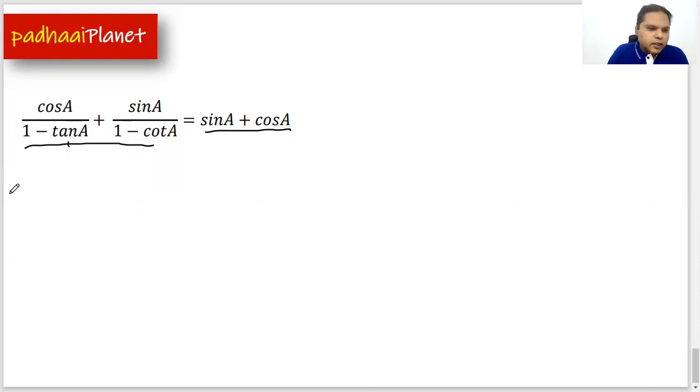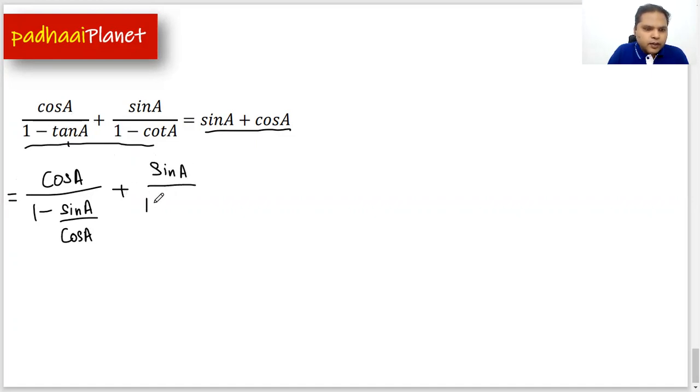So to make our task easier, we will quickly convert this into sine and cos, which is like 1 minus sine A over cos A, plus sine A divided by 1 minus cos A over sine A.